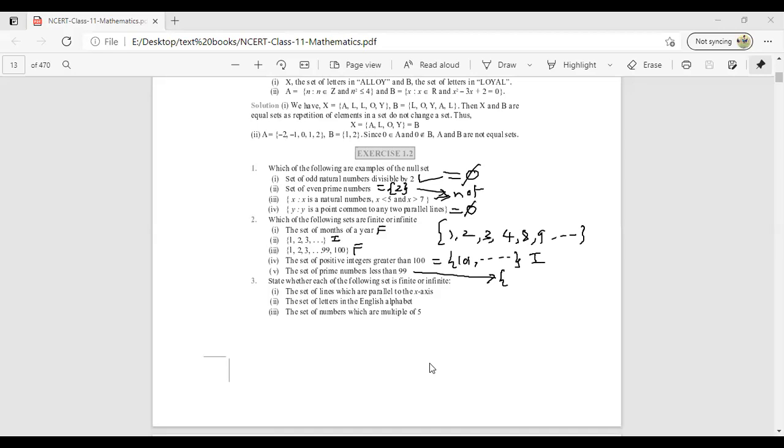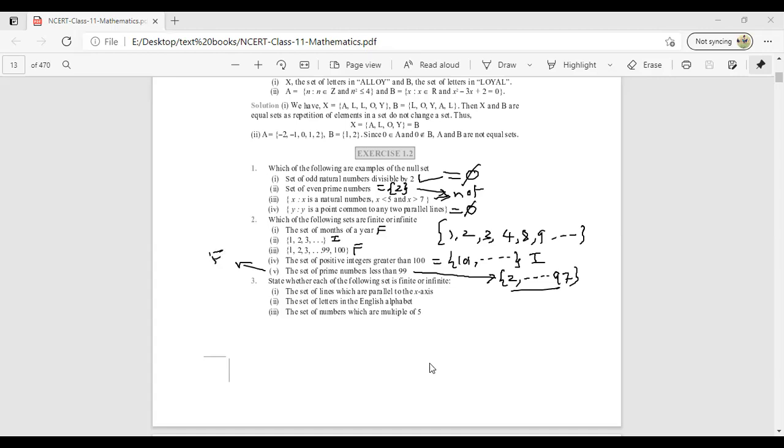First prime number is 2. It will start from 2 and go up to less than 99. Before 99, 98, 97. I think 97 is not divisible by any number. So this has a finite number of elements, therefore it is a finite set.